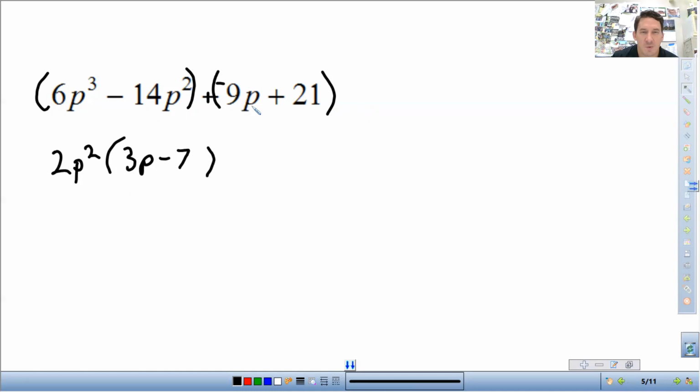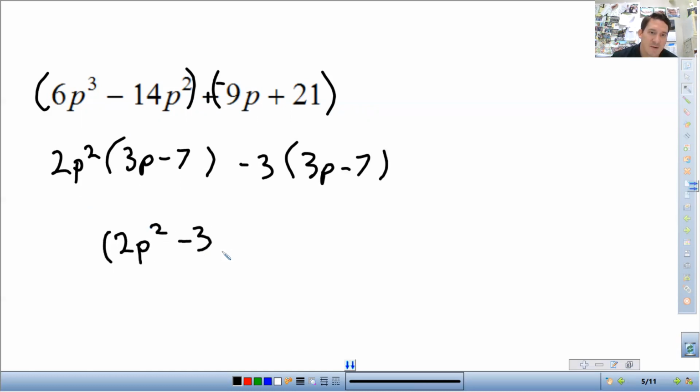Here, the greatest common factor between negative 3p and 21 is going to be negative 3. Then I'm left with 3p minus 7. Group outside terms together, so 2p squared minus 3, and then 3p minus 7.